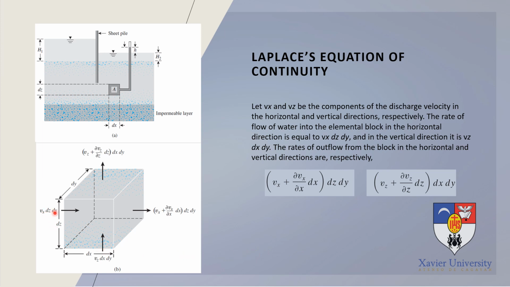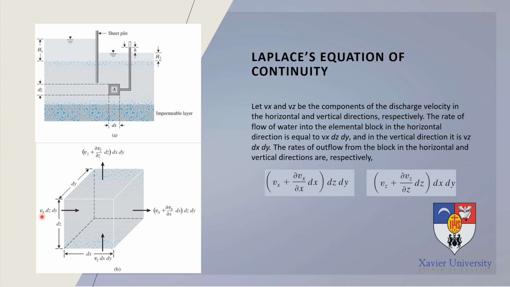The rate of flow of water entering in this horizontal direction is equal to Vx dz dy. That is basically just the area, because we know that the rate of flow, q, is equal to the discharge velocity times the area, which is dz times dy.